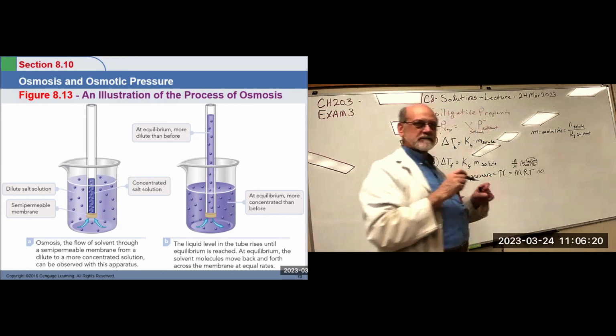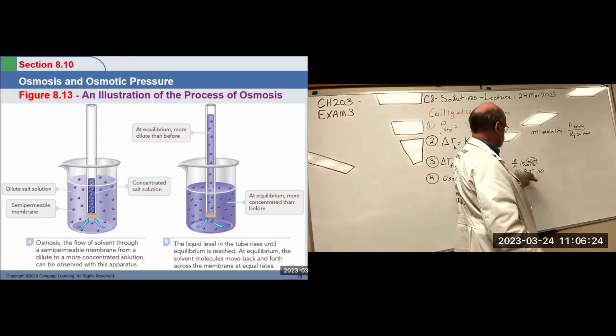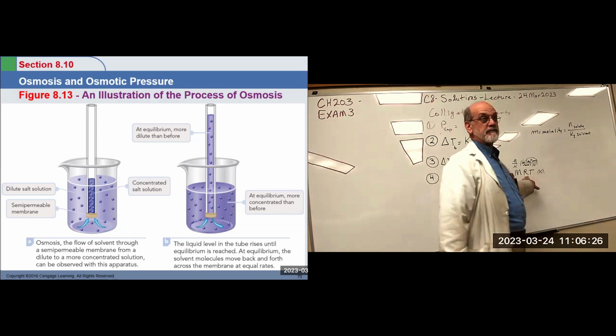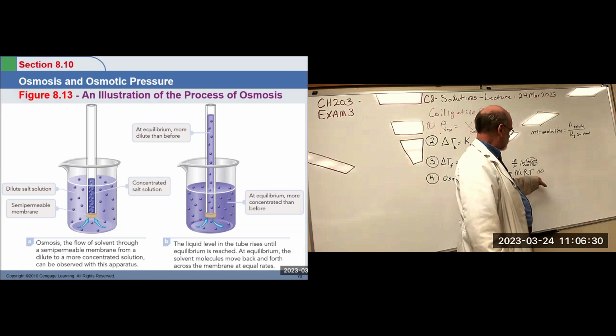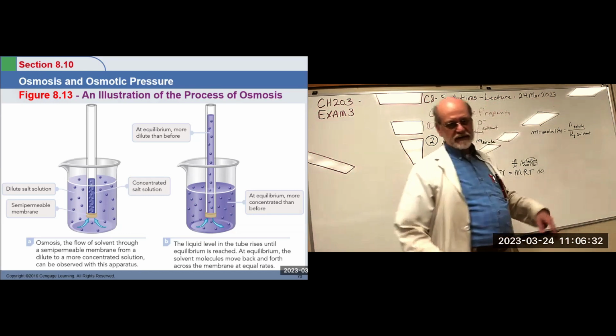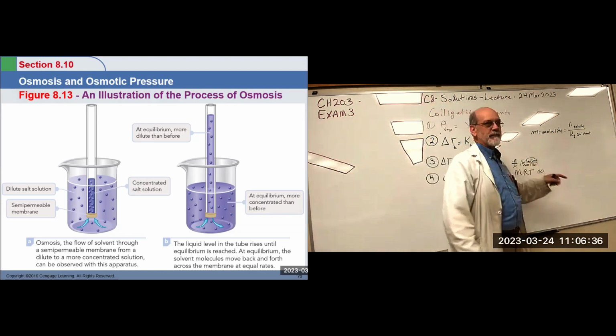So that's right. Osmotic pressure is equal to molarity times the gas constant, which is 0.08206, and temperature in Kelvin. And that will give you a value of osmotic pressure in atmospheres.